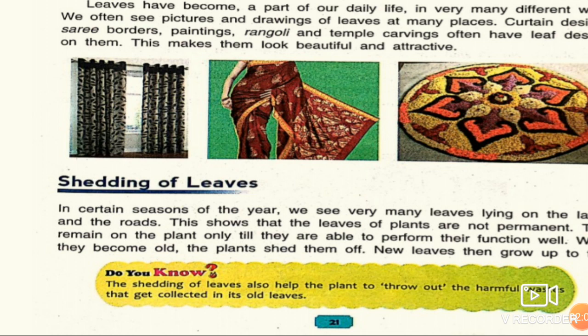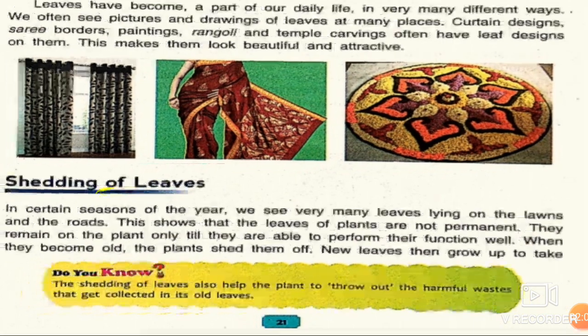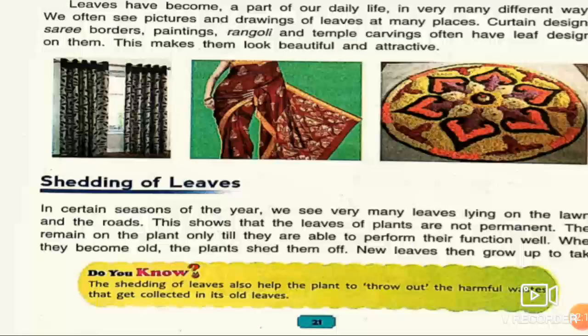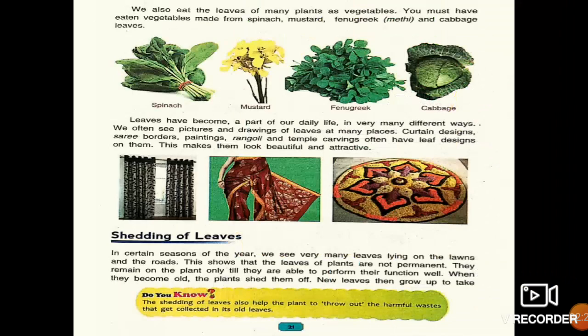New leaves then grow to take their place. And there is importance of shedding of leaf. The shedding of leaves also helps the plant to throw out the harmful waste that gets collected in its old leaves. This is the importance of shedding of leaf.